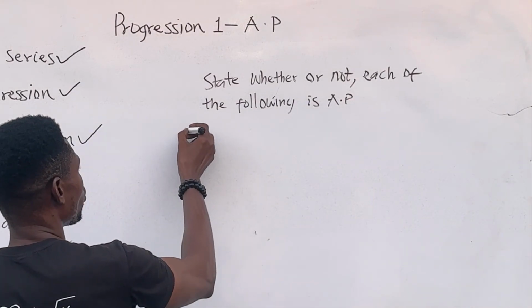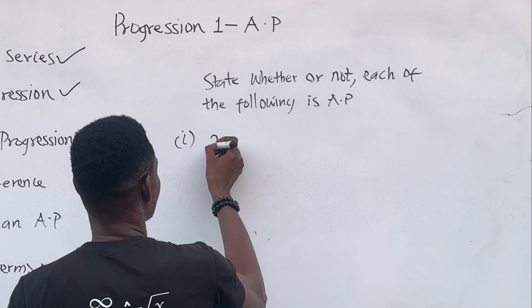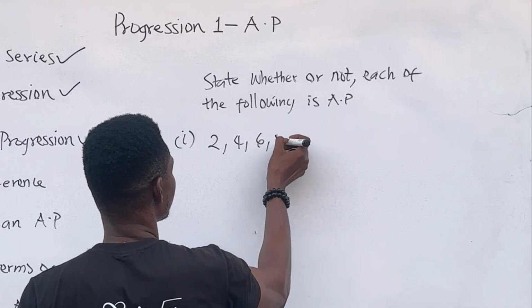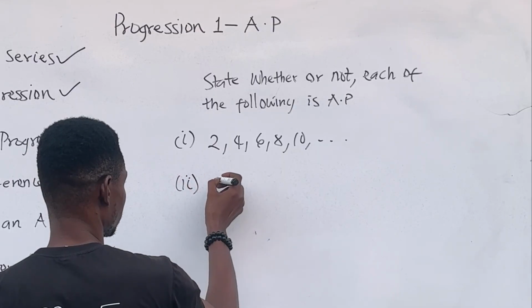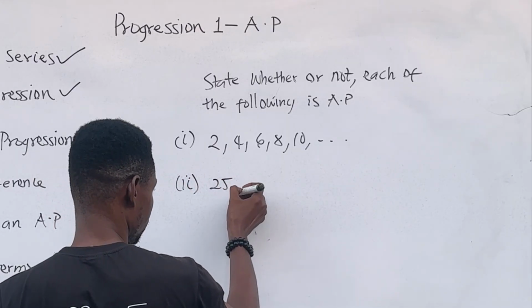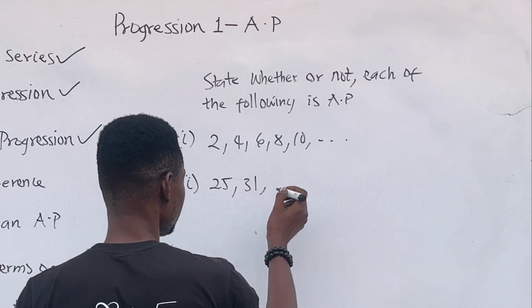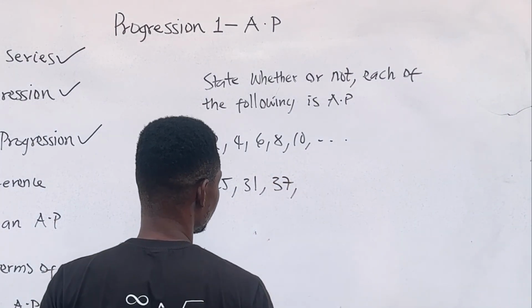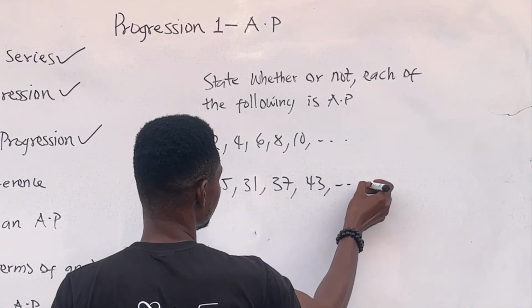So the first one, 2, 4, 6, 8, 10. Second one, 25, 31, 37, 43.